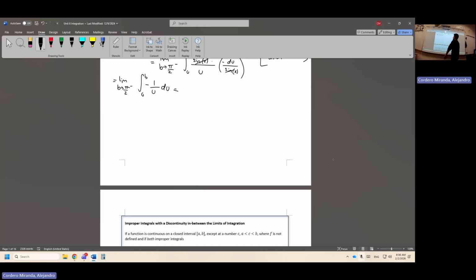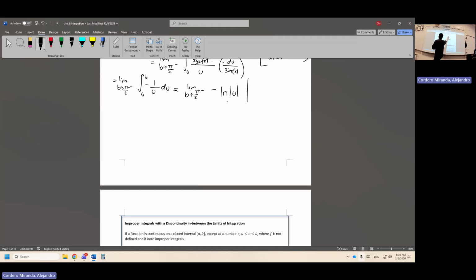Okay, and now the antiderivative of this would be the limit as b goes to pi over 2 from the left of negative natural log of u, evaluated at b and 0.